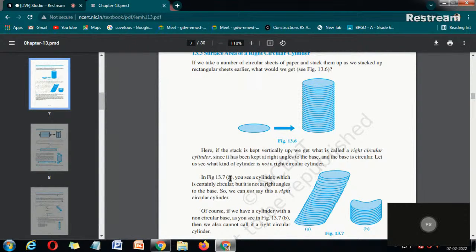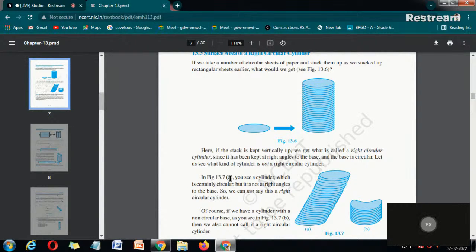So we cannot say this is a right circular cylinder. Of course, if we have a cylinder with a non-circular base, as you have seen in B, then we cannot call it a right circular cylinder. Here we will be dealing with right circular cylinders. So unless stated otherwise, the word cylinder would mean a right circular cylinder.